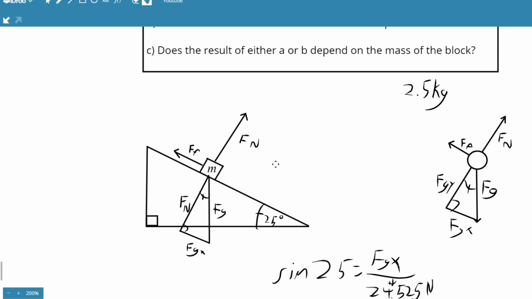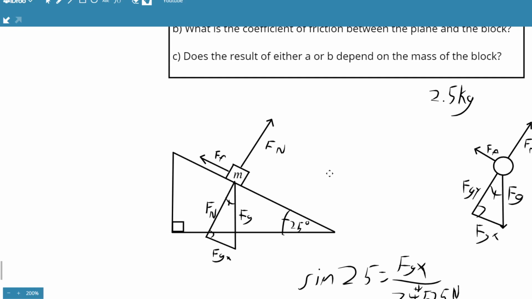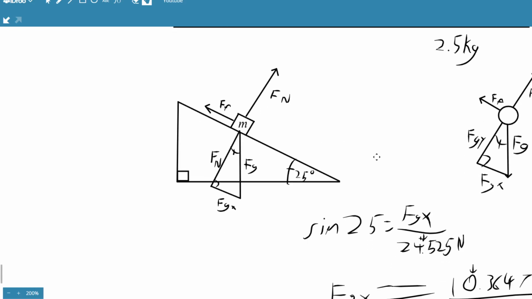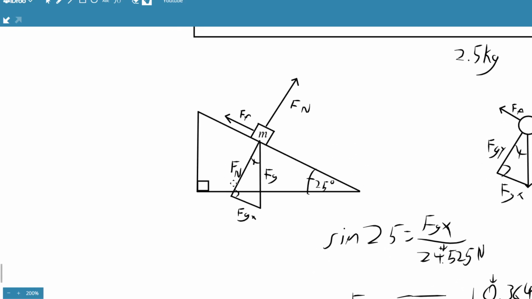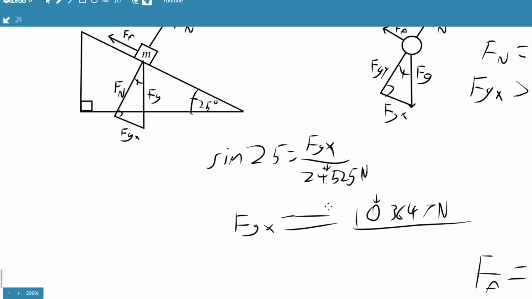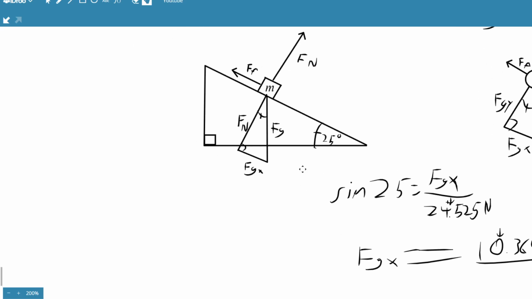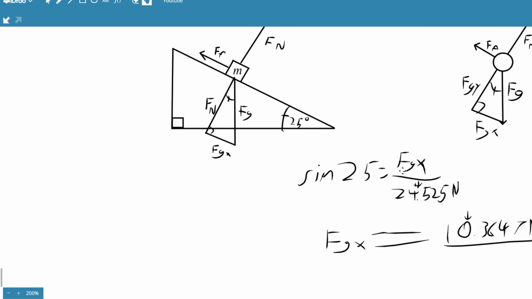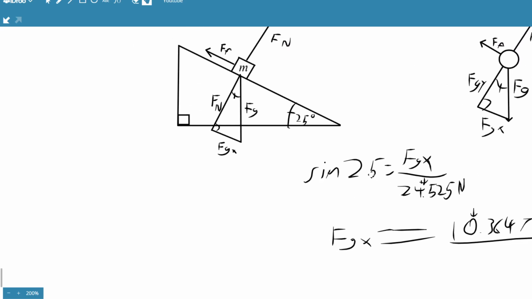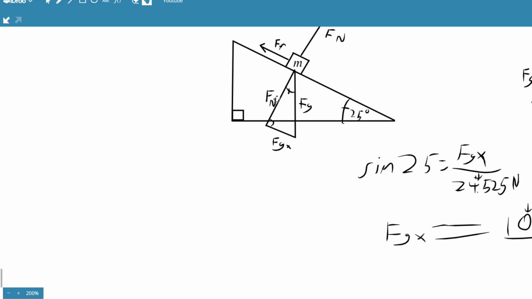Fn, this is what we did in my inclined plane video. We just need to find the y component of Fg. So that is the opposite of what we did to find Fgx. We just use cosine instead of sine, and then replace the Fgx with Fn or Fgy, whichever one you want.